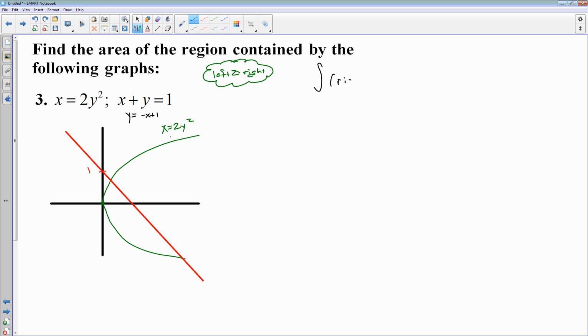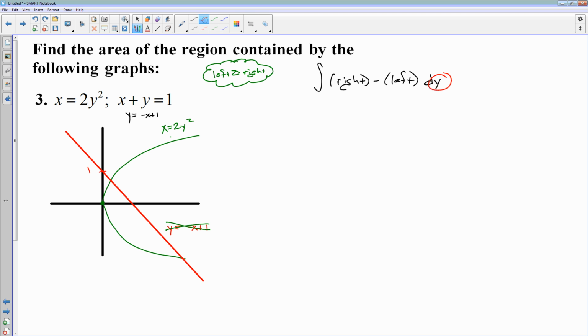But the problem with right minus left is it is a dy integral. It is not a dx integral. So this equation, calling this line y equals negative x plus 1, doesn't help me because it needs to be in terms of y, not in terms of x. So rather than negative x plus 1, we're not going to move the x over.